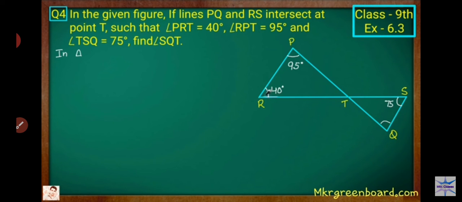Now if you find these angles, this is one triangle and this is one another triangle. If you find this T angle, then you have to find another angle.